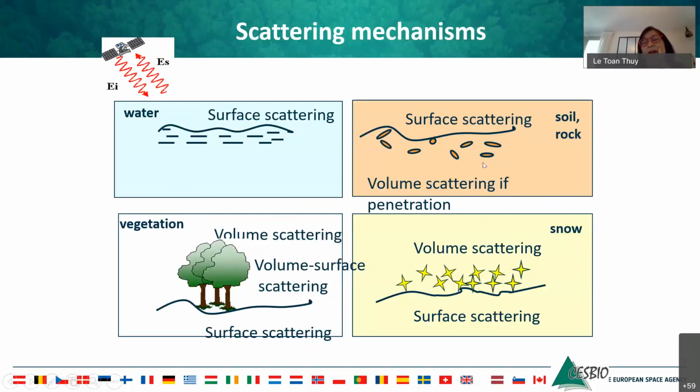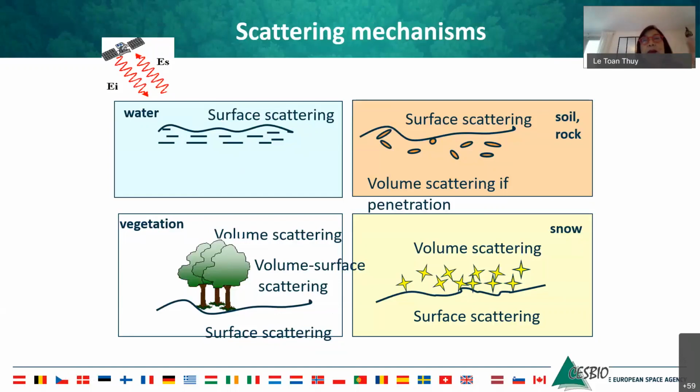If there's penetration, a very dry soil will penetrate very deeply inside the medium. The question is about P-band penetration in SAR, in the desert.